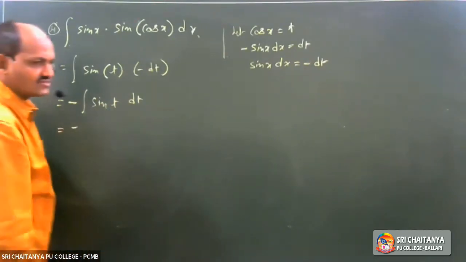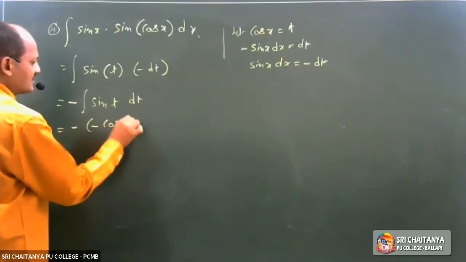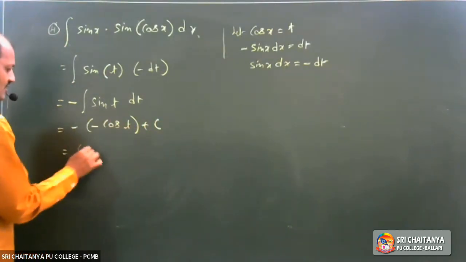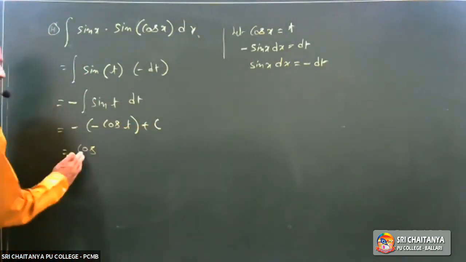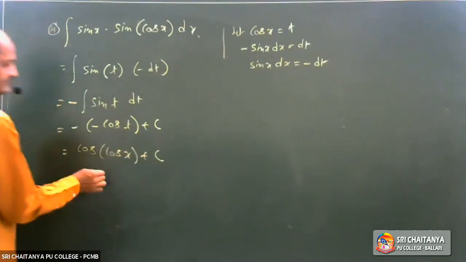What about the integral of sin? Minus cos. So minus cos t plus c. Minus of minus is plus cos t. What about t? Again cos x. So it is cos of cos x plus c.